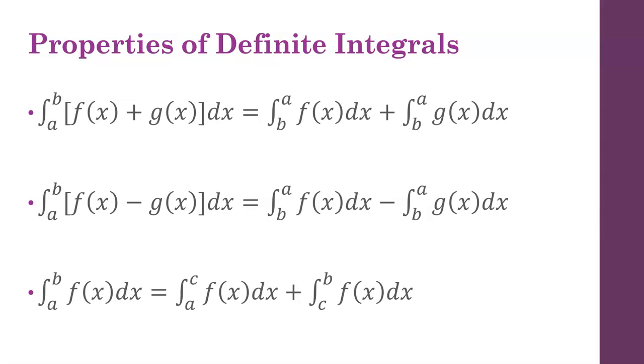If it's outside the interval a to b, it still works because of the property with the negative sign that we had seen earlier. Basically, it says if I have some area going all the way from a to b, I can break it up in the middle, find the first area, find the second area, and then add the two areas together. That would give me the same answer as if I had taken the whole thing at once.